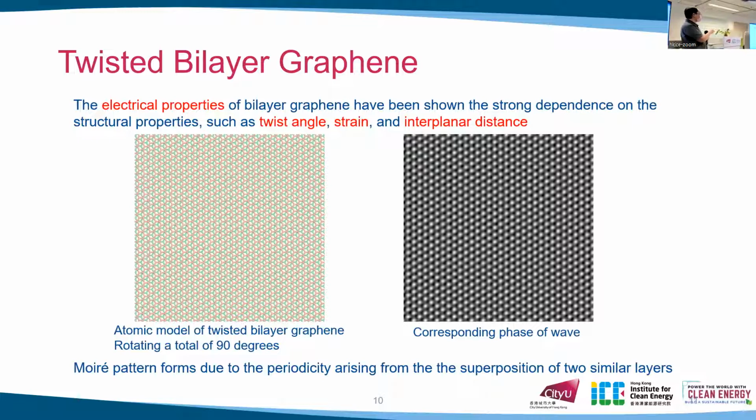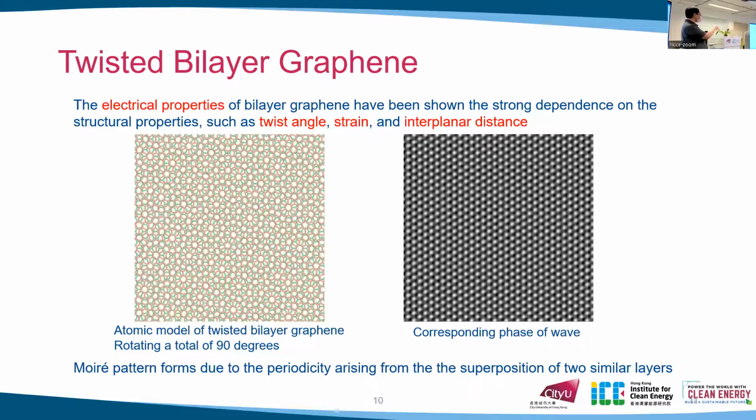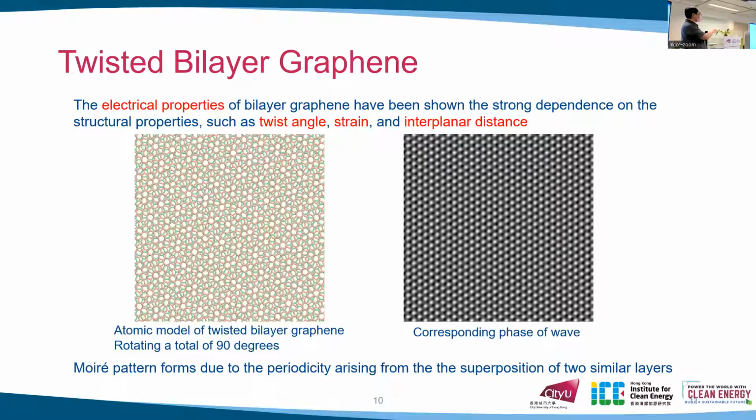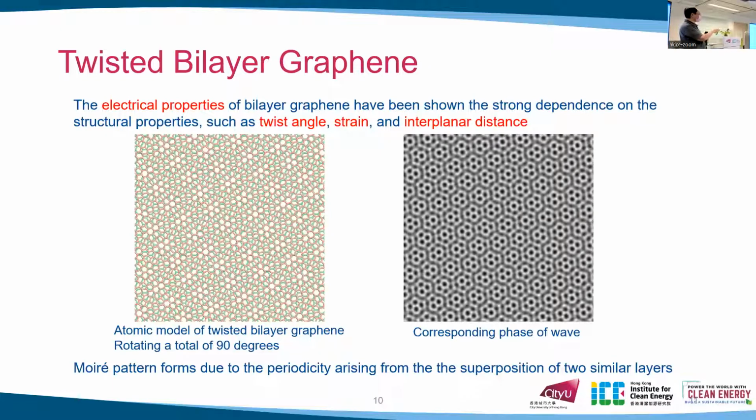And for twisted bilayer graphene, actually we cannot see the atoms. So here is an example. This is a toy model. I rotate the top layer by like 90 degrees, and then here you can see the fringe.